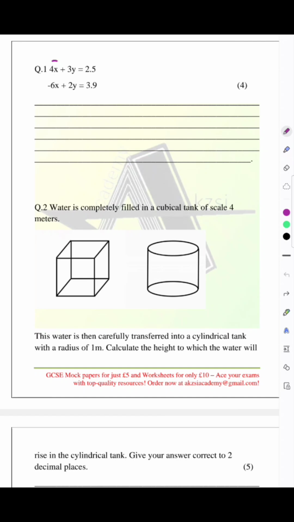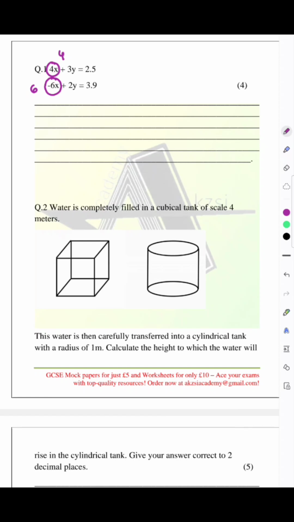Let me pick x. Let me make the x same, and let me see what's the coefficient of x here. It's 4. What's the coefficient of x here is -6, or you can just pick the positive value, whatever. If negative confuses you, we can just see the coefficient simple, which is 6 in this case.